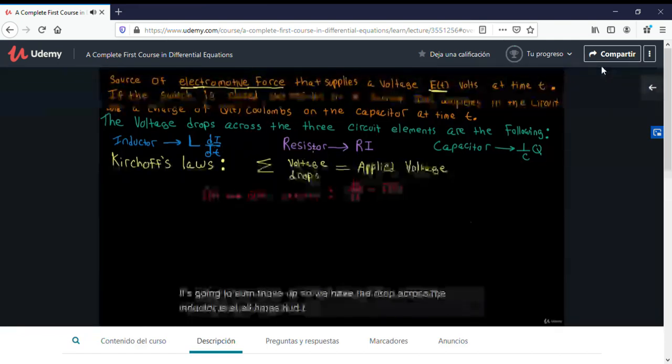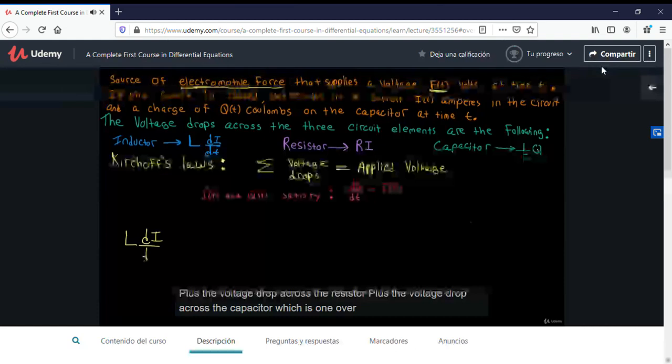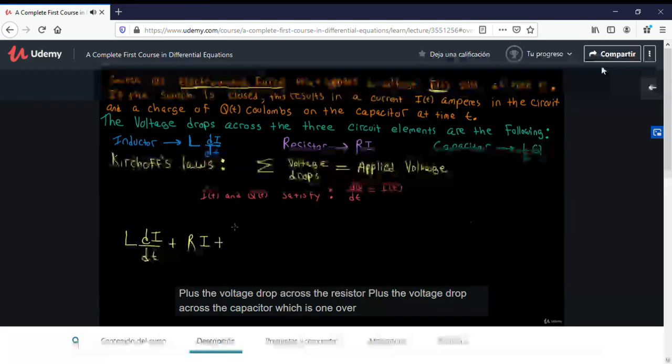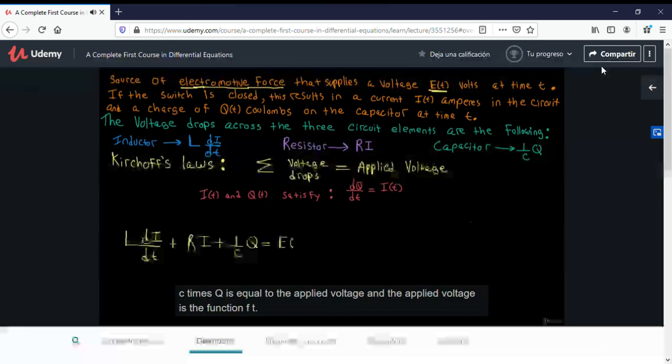So we're just going to sum those up. We have the drop across the inductor, L times di dt, plus the voltage drop across the resistor, plus the voltage drop across the capacitor, which is 1 over C times Q, is equal to the applied voltage. The applied voltage is the function E of t.